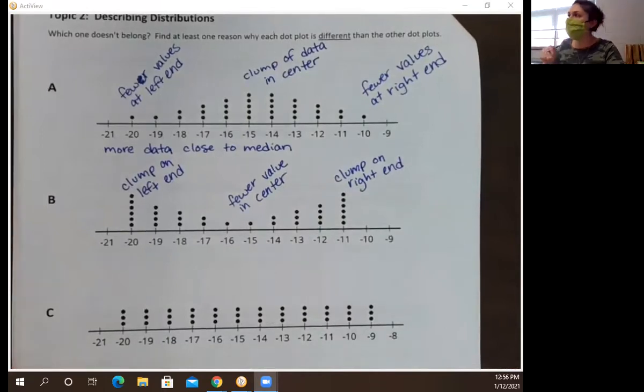We've got this dip in the middle, but high points on either end. A lot of values near the low end, a lot of values on the high end. So a lot around my minimum and a lot around my maximum, almost nothing in the middle.